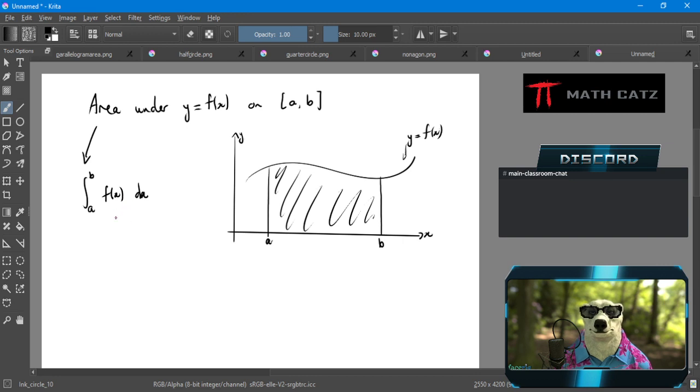For this, I need an antiderivative. I plug in b, I plug in a, and subtract, where this F of x is any antiderivative of my given function. So we did a couple of examples.